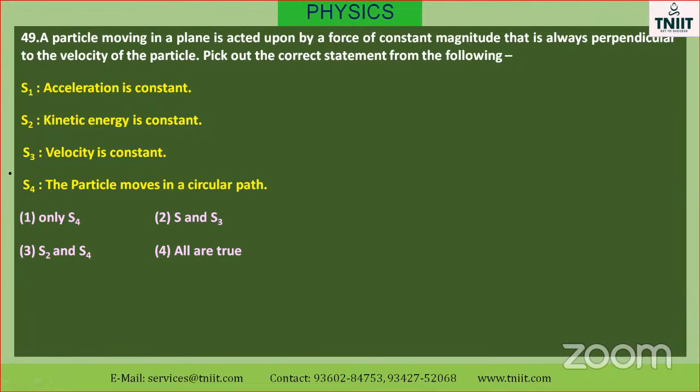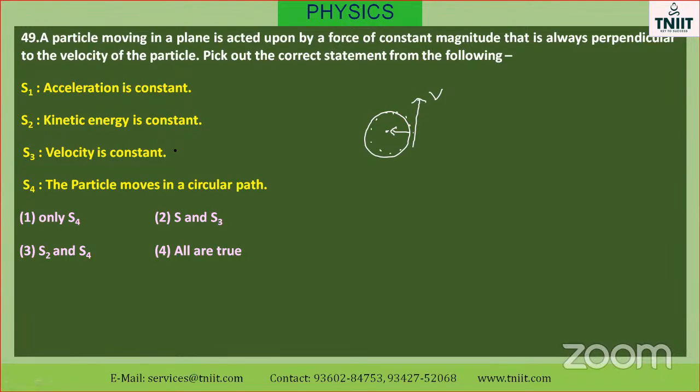A particle moving in a plane is acted upon by a force of constant magnitude that is always perpendicular to the velocity of the particle. Pick out the correct statement. Whenever the particle is moving in a circular path, the force will pull towards the center, which is called centripetal force, and the velocity is tangential. So the speed at every point remains the same, but its direction keeps on changing.